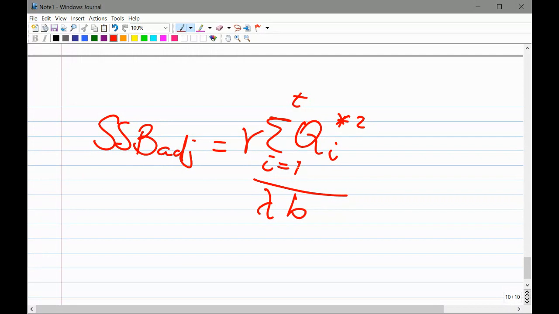Your lambda is 2, your r is 3, your b is 4. r is equal to 3, lambda is equal to 2, b is equal to 4.